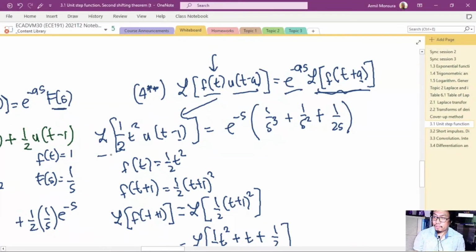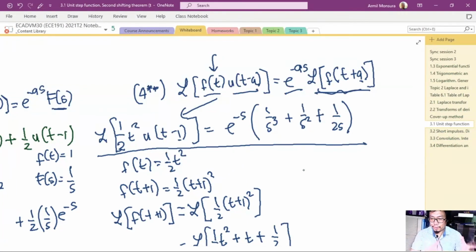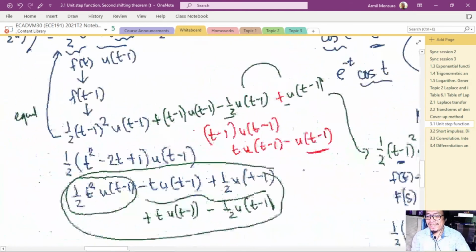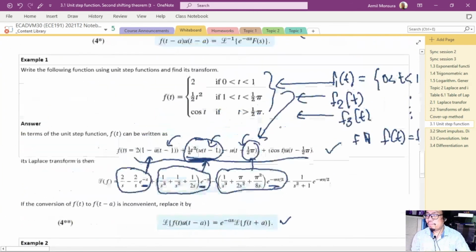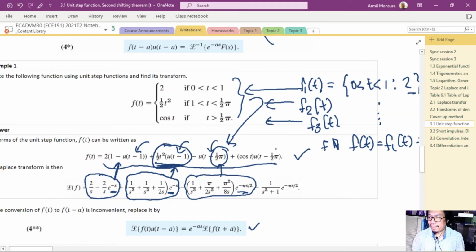Now at this point, looking back at what we have done in a previous solution that used the original formulation of the second shifting theorem, you judge and you observe. What I would like you to do is to actually complete this solution by solving for the Laplace transform of each of these terms.